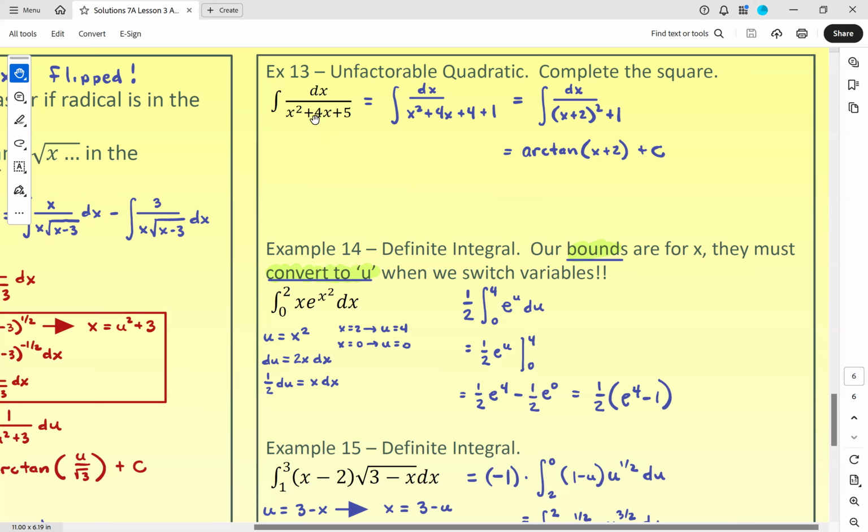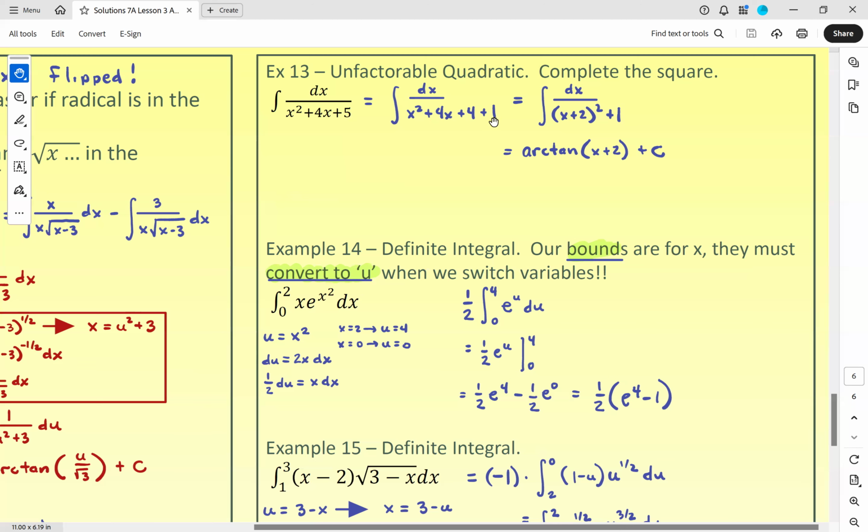So 4 lives here, cut in half is 2, square the 2 tells me 4. 4 is exactly the number I would want to follow the 4x to have a perfect square. Now, I can't just change a 5 to a 4 because I want it to be a 4. So as you can see, I instead replace the 5 with 4 plus 1.